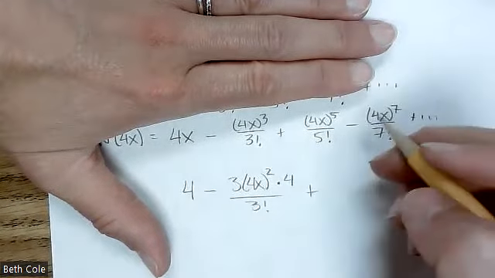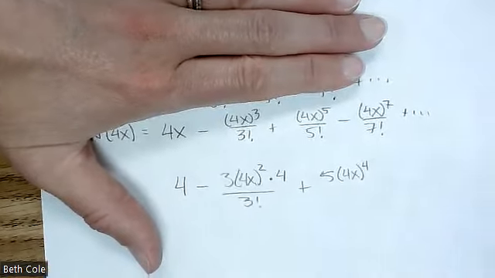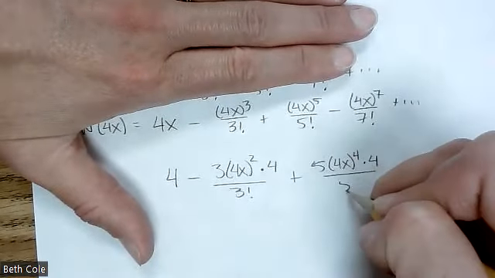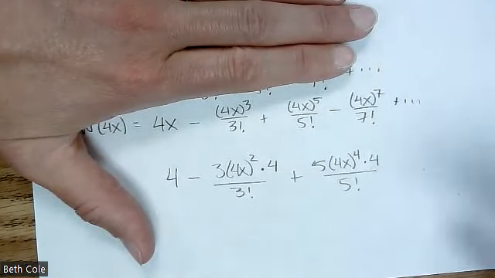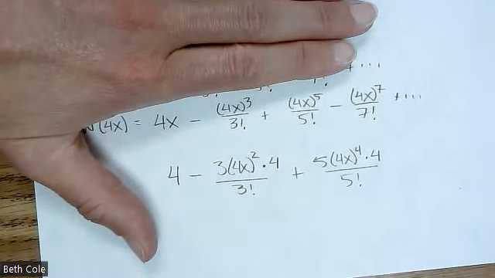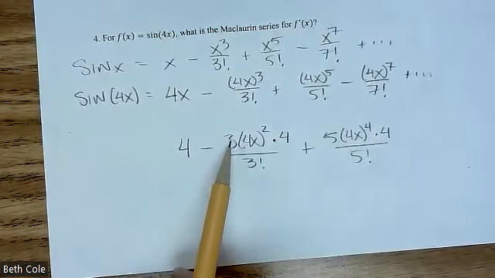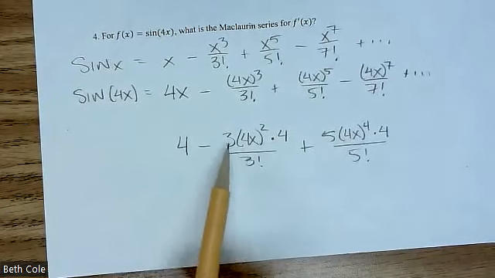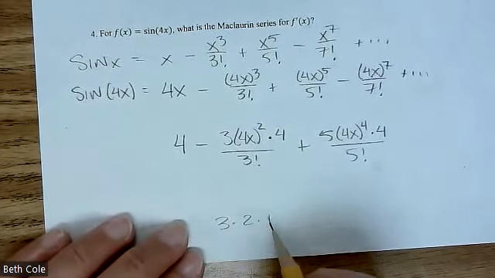All right, plus the next one, you would bring down the 5. It's going to drop to the 4th. You would chain on a 4. And the 5 factorial is still there. It would keep on going. I'm not going to write that last one. The only last thing I'm going to say is, do you see how there's a 3 here and then a 3 factorial? 3 factorial means this.